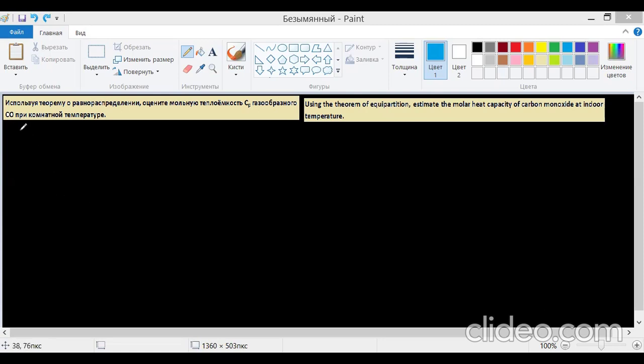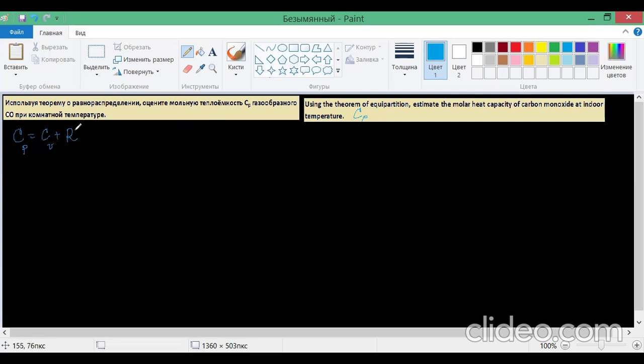Mayer equation is C sub P is equal to C sub V plus the gas constant R, where C sub P denotes heat capacity at constant pressure, while C sub V denotes the same but at constant volume. Okay, and in order to estimate C sub P, yeah, we are expected to calculate C sub P. We should first of all calculate C sub V.